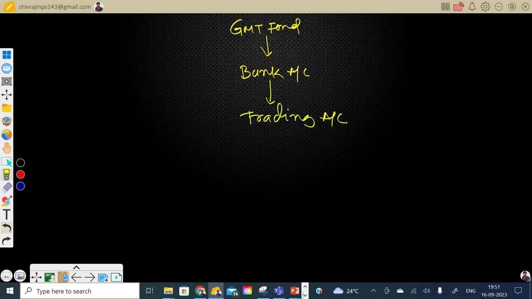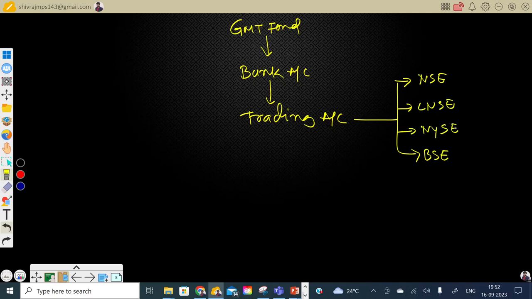Trading account. Why trading account? Because a trading account is for trading of securities. If you don't have a trading account, how will you buy and sell securities from NSE, BSE, or even from the London Stock Exchange or New York Stock Exchange?